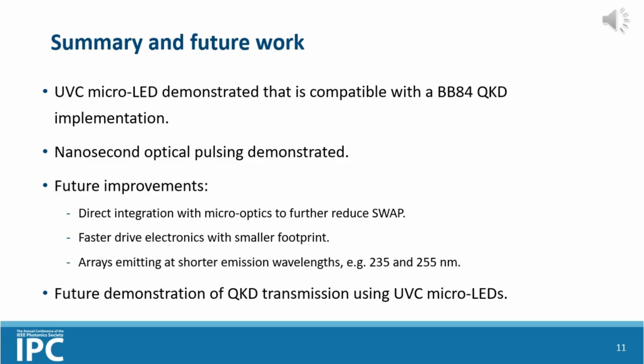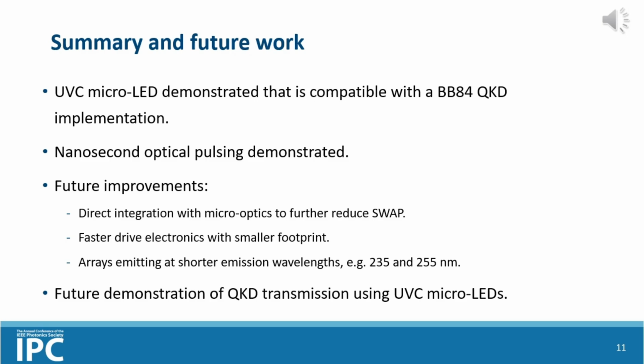For future improvements, we will look to do some direct integration with micro-optics to further reduce the size, weight and power, to replace the bulk projecting optics with much smaller micro-optics. We'll look at faster drive electronics with a smaller footprint to make the LED array pulse faster and also further reduce the SWaP.